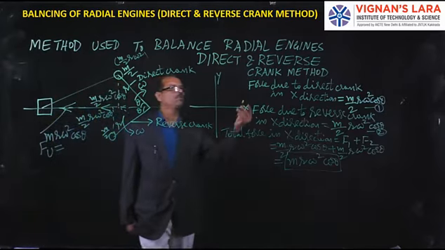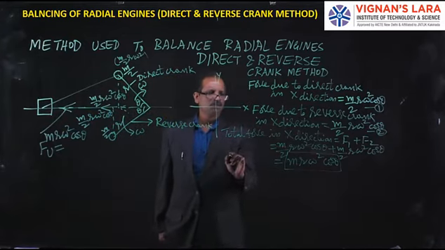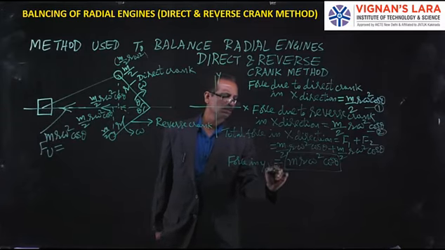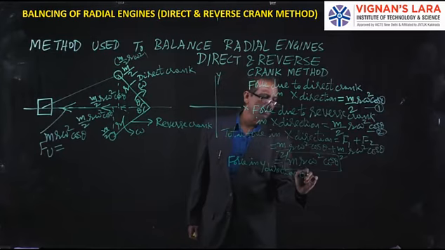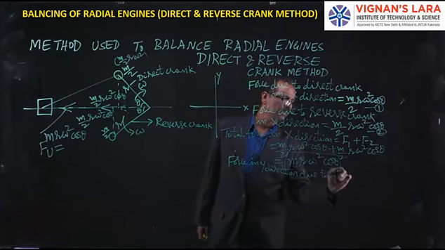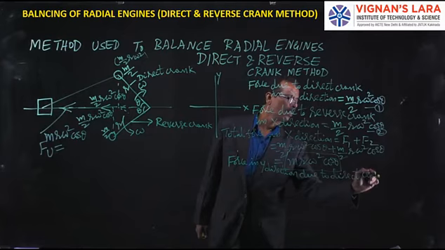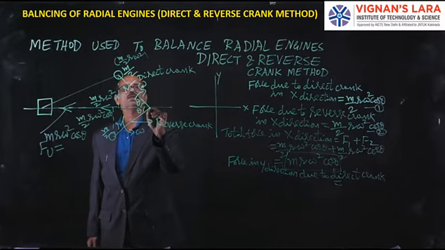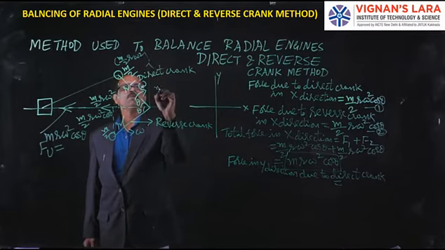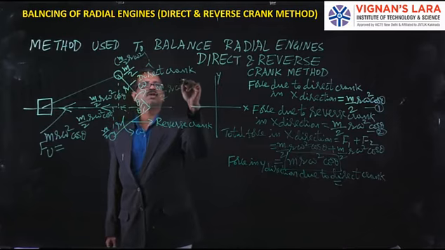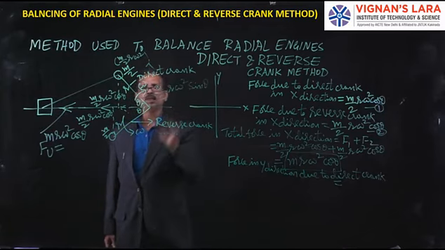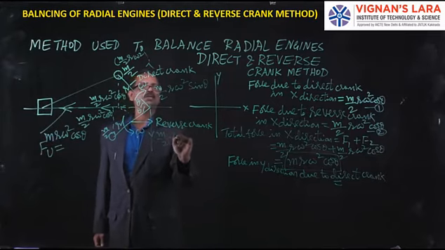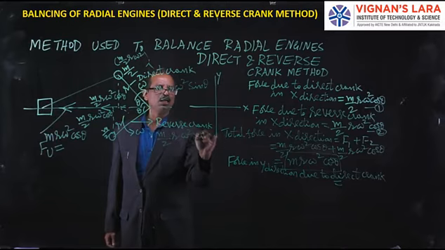Then what about the force in the y direction? Force in the y direction due to the direct crank is m by 2 r omega square sin theta upward, and for the reverse crank it is m by 2 r omega square sin theta downward.